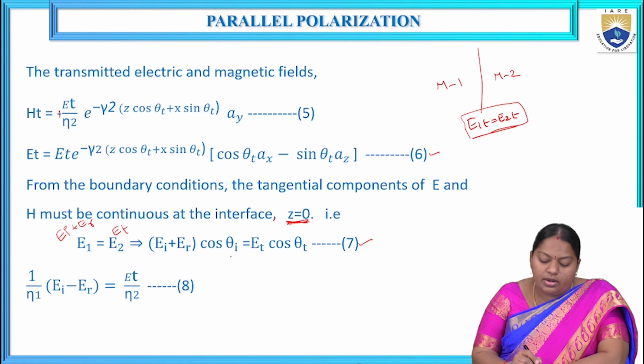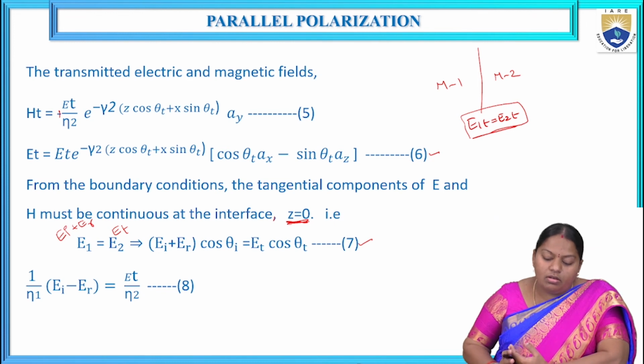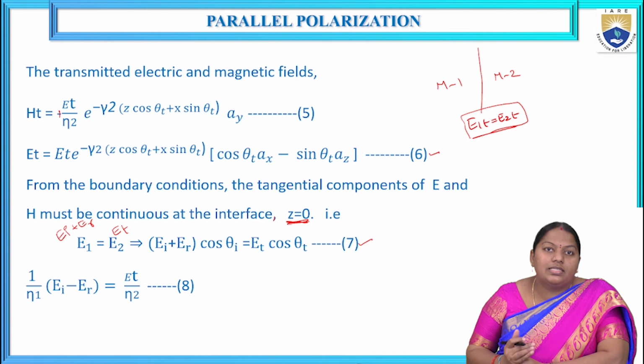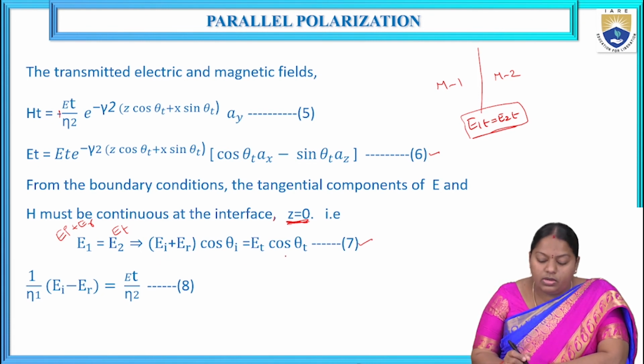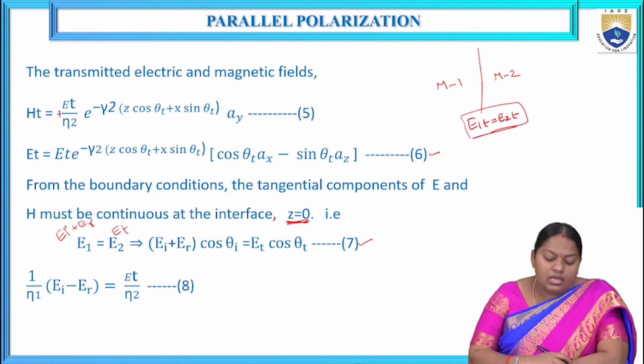According to Snell's law, based upon the tangential components of the electric fields of both dielectric media, if you substitute at the interface z equal to 0 and simplify, EI plus ER into cos theta I equal to ET cos theta T has been obtained.